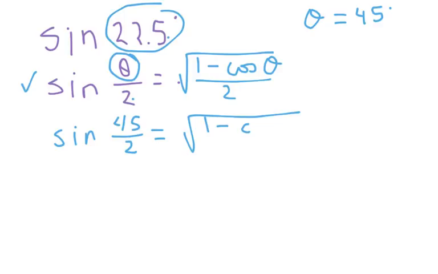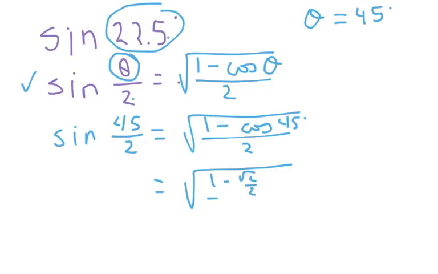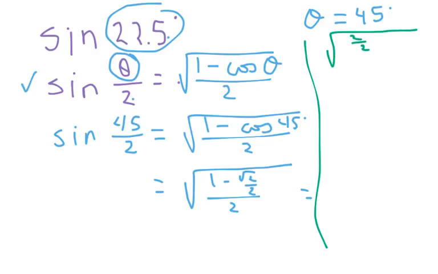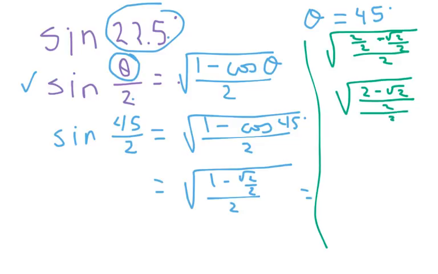So we have 1 minus cosine of 45 degrees over 2, which equals square root of 1 minus root 2 over 2, divided by 2, which equals square root of 2 minus root 2 over 2, all over 2, which gives you the square root of 2 minus root 2 over 2 divided by 2.